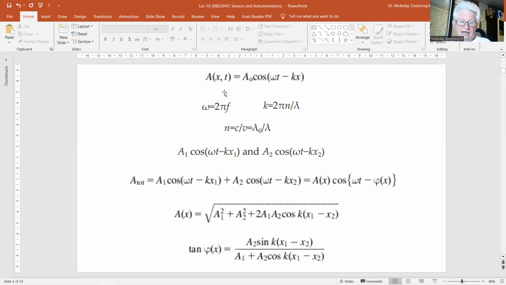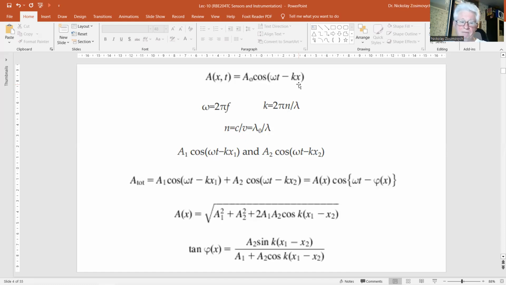Here A is the wave amplitude for both the electric and the magnetic field component. Omega, equal to 2 pi times f, is the angular frequency of the wave. K equals 2 pi times n over lambda is the wave number, and x is the coordinate in the direction of propagation.